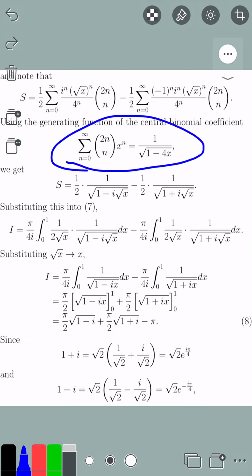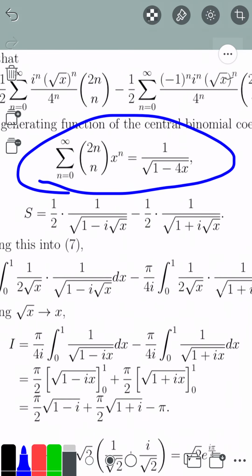at this step we can use this generating function for the central binomial coefficient, the sum from n equals 0 to infinity of 2n choose n times x to the power of n is equal to 1 over square root of 1 minus 4x. And this series can be proven using the binomial theorem or the Taylor series.